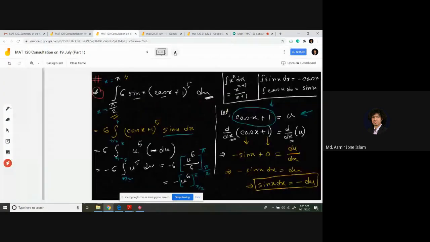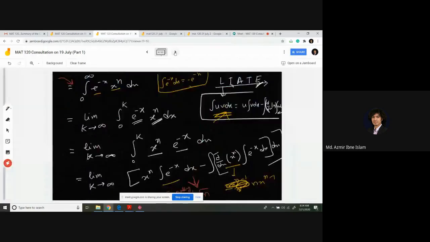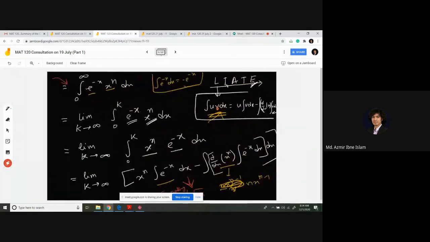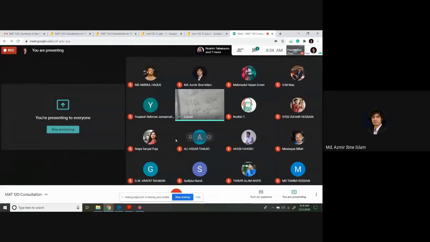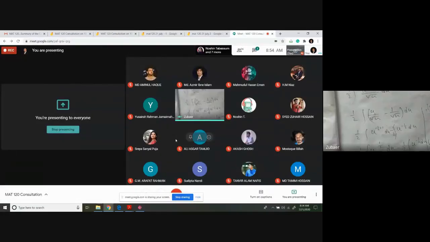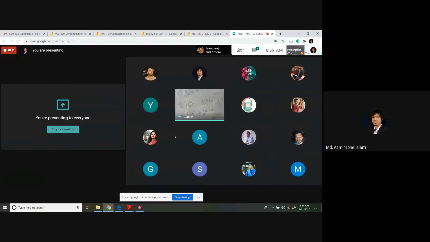Integration of uv dx equals u times integration of v dx, minus integration of differentiation of u times integration of v dx. This is called integration by parts. Yes, sir. So you have to apply the same technique, integration by parts.